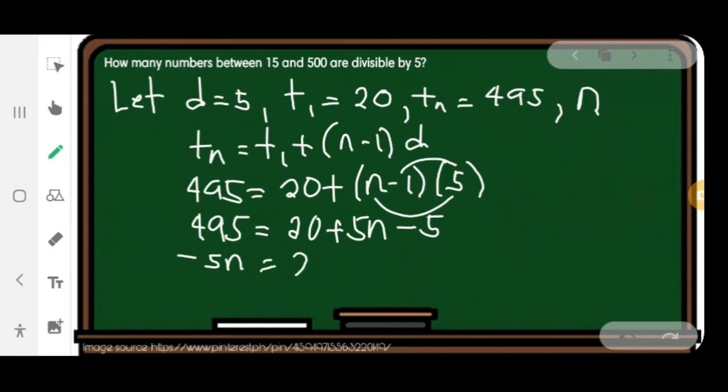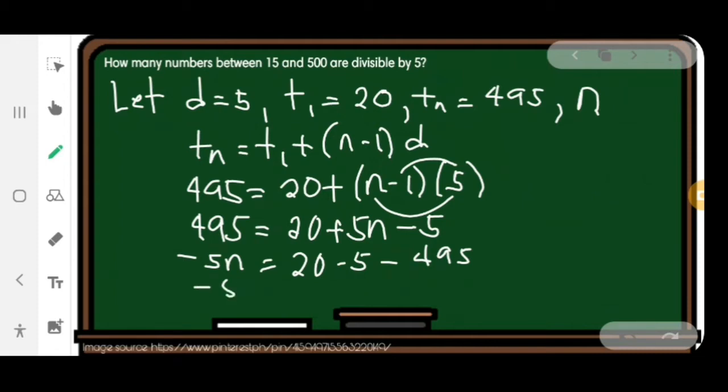Then copy 20, copy negative 5, and then you are going to transpose also 495 to the other side of the equation. So since it is positive on the left side, it will become negative on the right side. Then we are going to simplify.